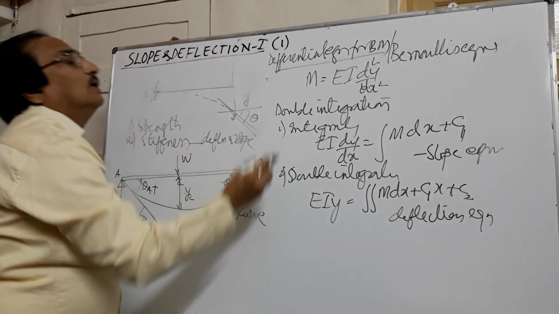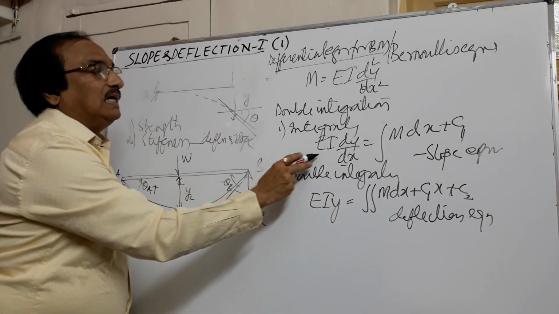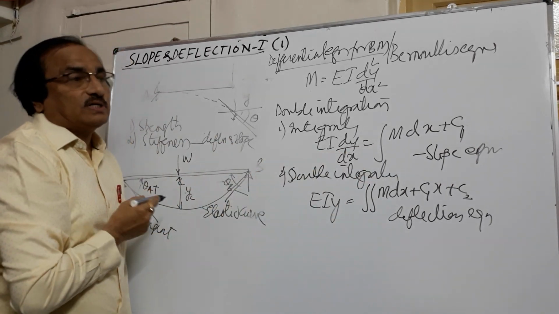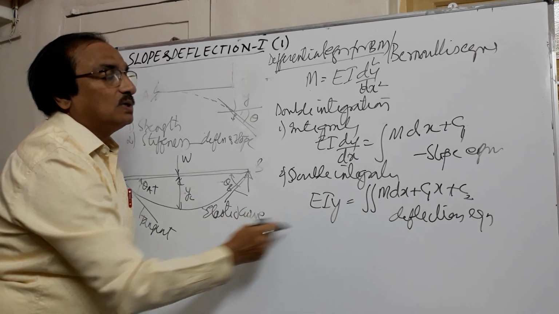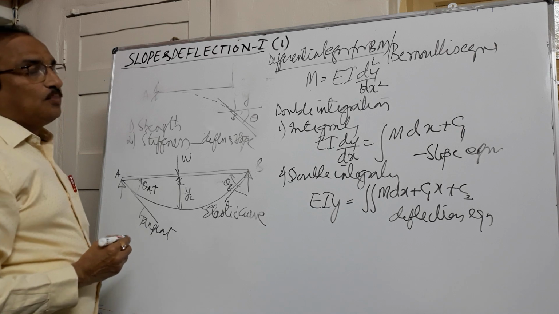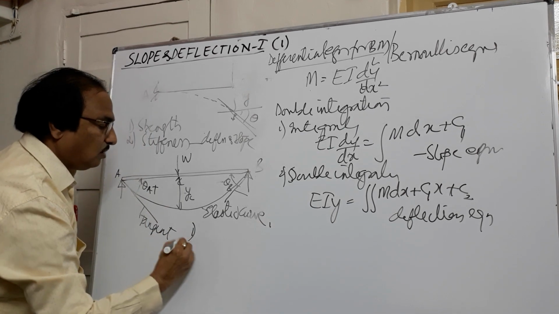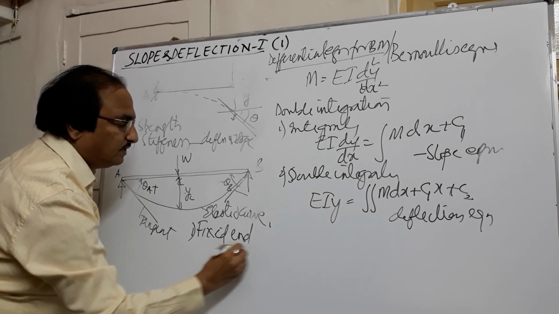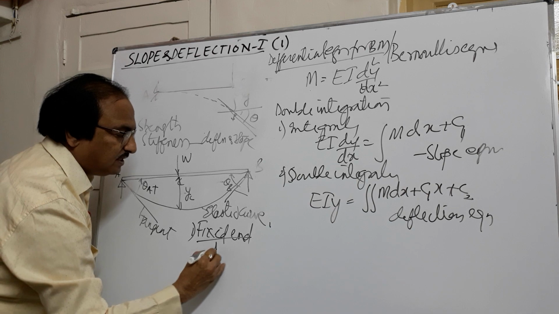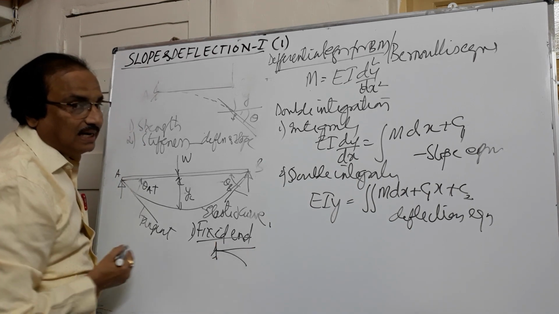So if you write the bending moment equation and integrate it once, that equation will be the slope equation. Further integrating or double integrating it gives us the deflection. So these are the points of interest for us. Let us see, we have already seen a fixed end. This is a fixed end, and if any load is acting, the deflection will be like this.